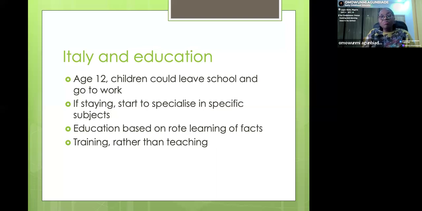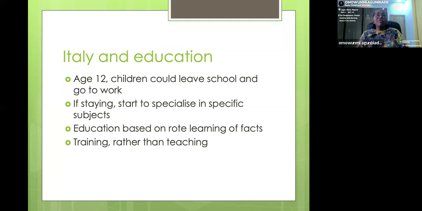So education was based on rote learning of facts, on training rather than teaching. Education in that time was something similar to what we could still see in some African countries today. Thank God for Nigeria.